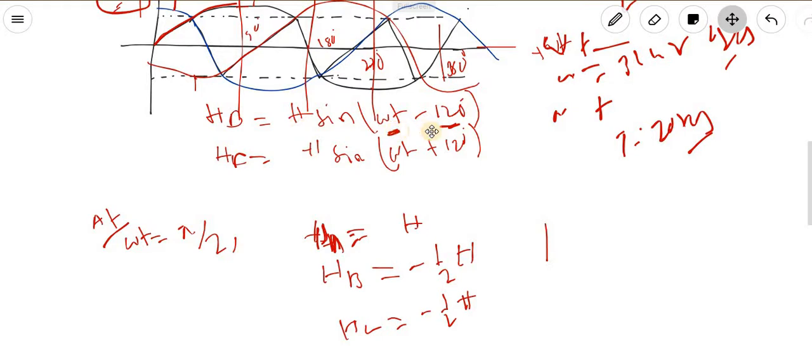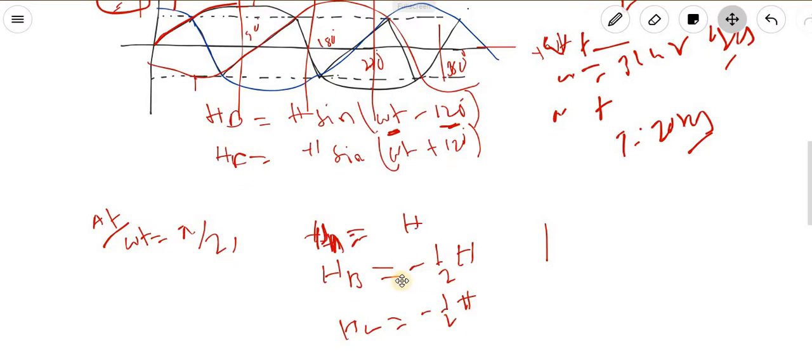H sin(90 degrees minus 120 degrees), that is minus sin 30 degrees, so HB is minus half of H, and HC is minus half of H. HC also sin omega t, how much? 90 degrees plus 120 degrees, that means 210 degrees. Then sin 210 is nothing but minus half.